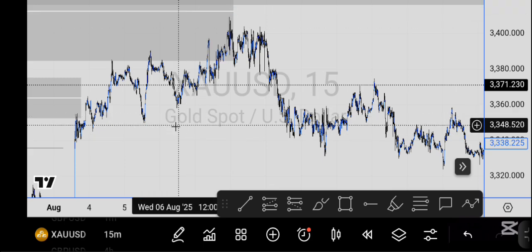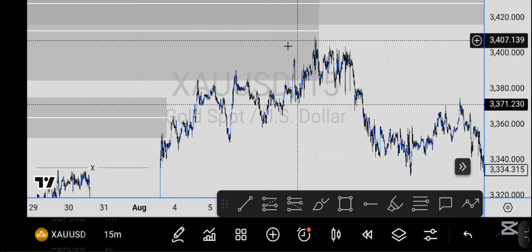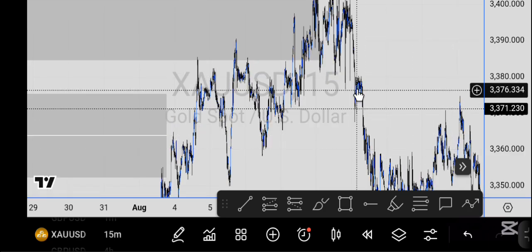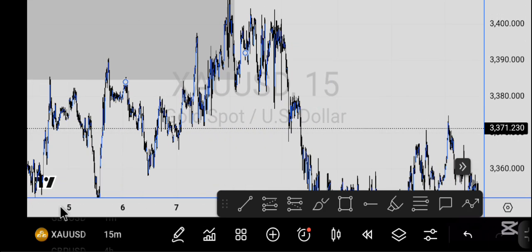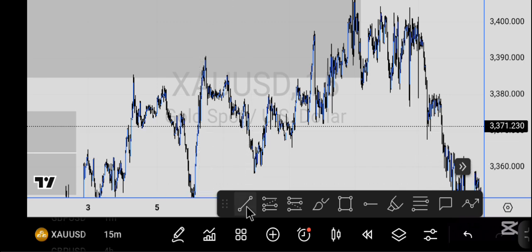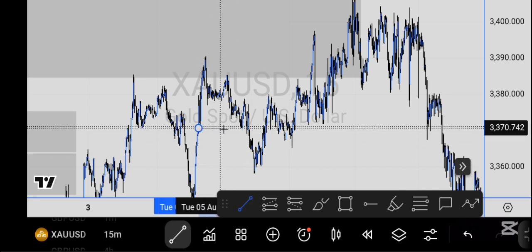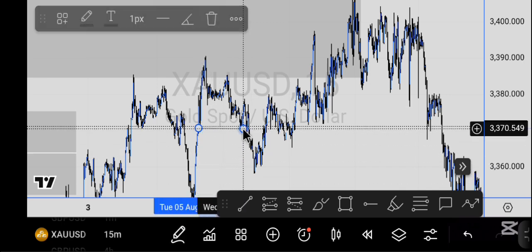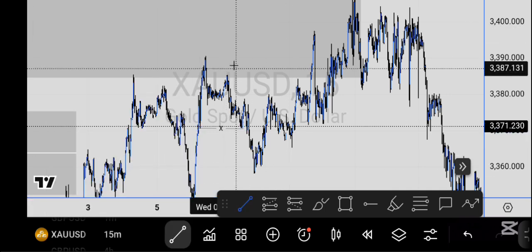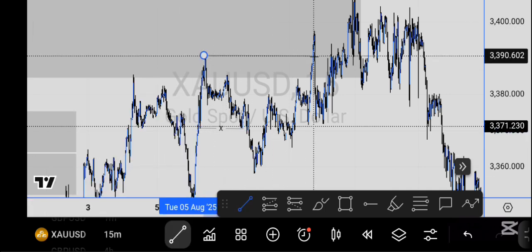Now the same thing, since price tapped into our 4 hours order flow right here, we need to see where is the last inducement. We have an inducement right here, and then this is our break of structure right here.